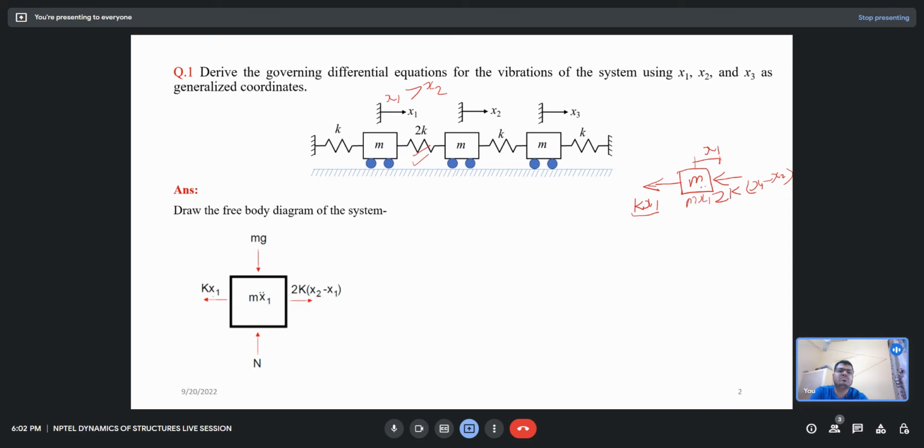Now can you write the forces on the second block? For the second block, let us consider x2 greater than x3.